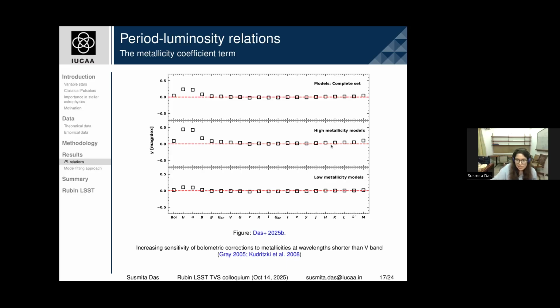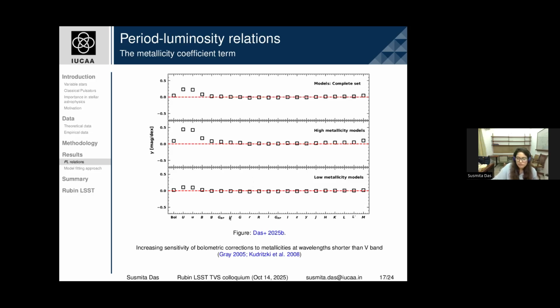This is the bolometric, and beyond that we have all of the different passbands in order of increasing wavelength. One clear result that we see from models is that beyond G, so anything shorter, so U and B show some effect of metallicity, which is consistent with what has been observed, but anything beyond shows weak or negligible effect of metallicity on the PL relation, including on the optical bands.